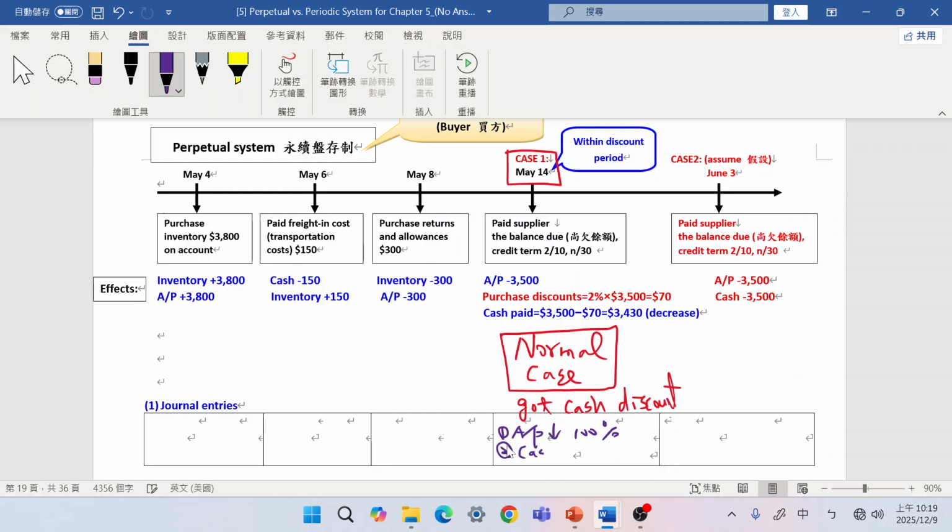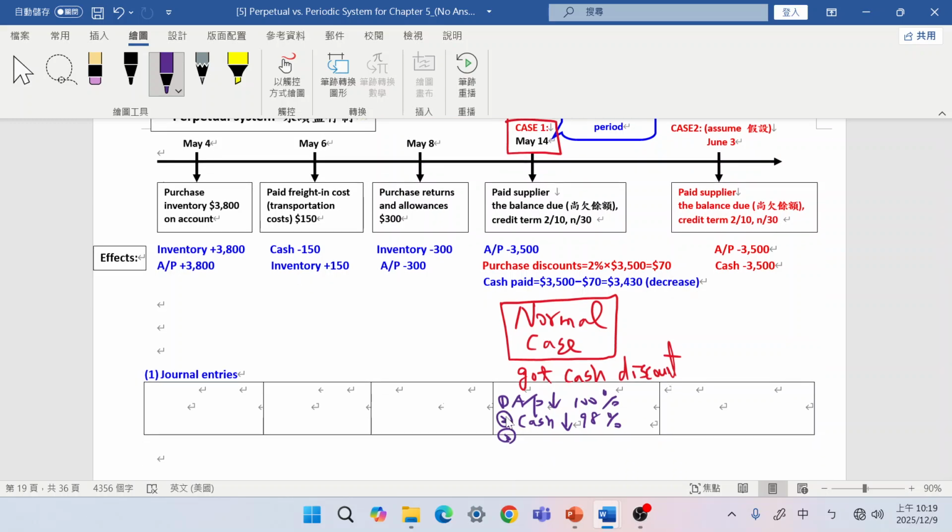Also, your cash decreases only 98%. Why is that? Because you got a 2% cash discount. Okay, so please finish this one. What debit and credit do we use to describe it?